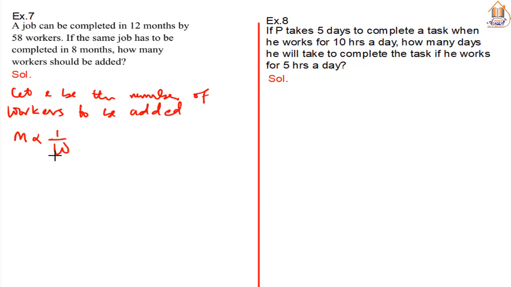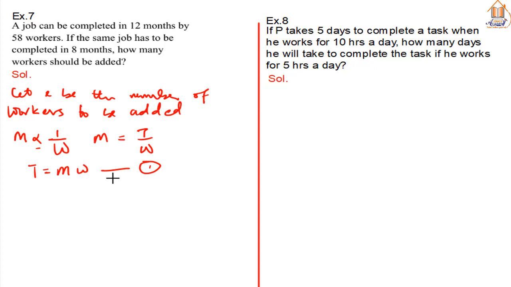We have the constant to be t. So from this relation, we have it that m is equal to t over w. Now we have t is equal to mw, our equation 1.